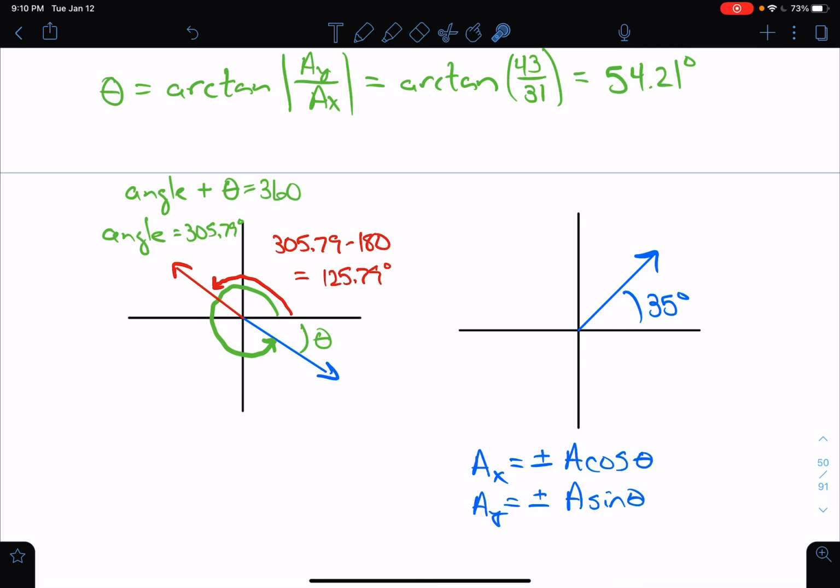Okay. So these are the fundamental formulas we're using, but in this case, my magnitude is 113. I'm taking the cosine of 35. I said the component, I should have said the magnitude is 113, and I'm choosing the positive, not the negative.